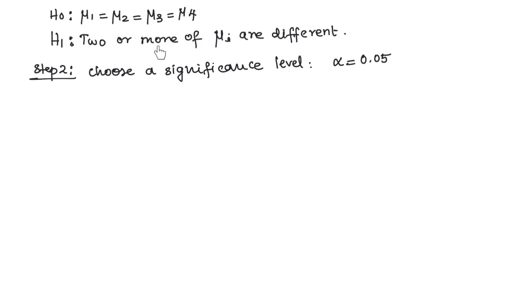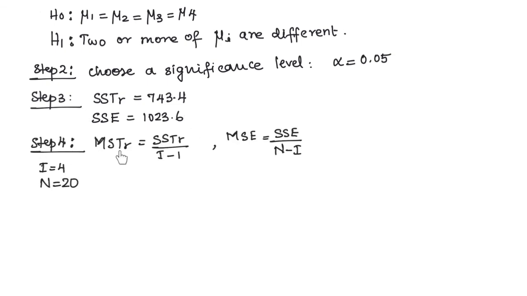State the null and alternate hypothesis, then choose the significance level alpha of 0.05, which is given in the problem. Then compute SSTR and SSE. We already computed this in the previous example, so if you don't remember that, please refer to it.